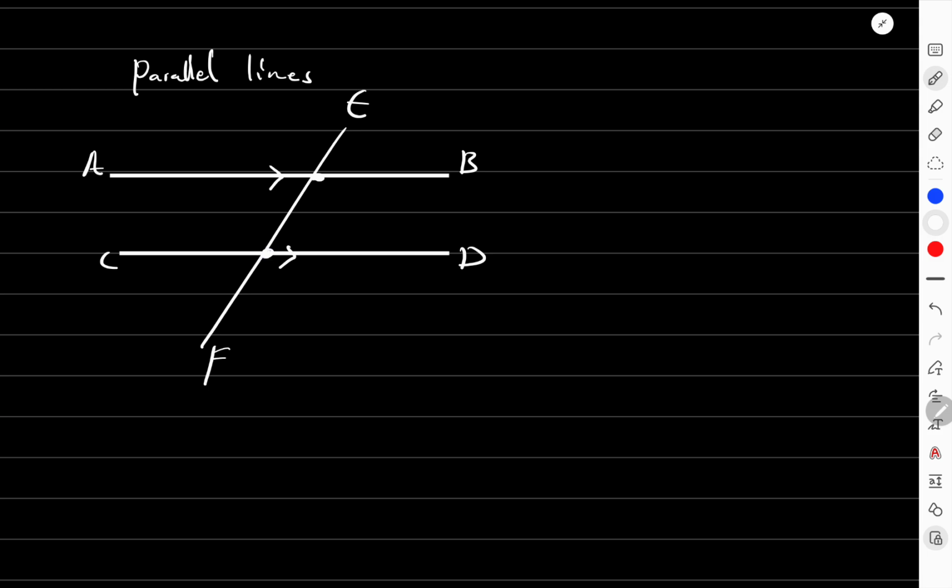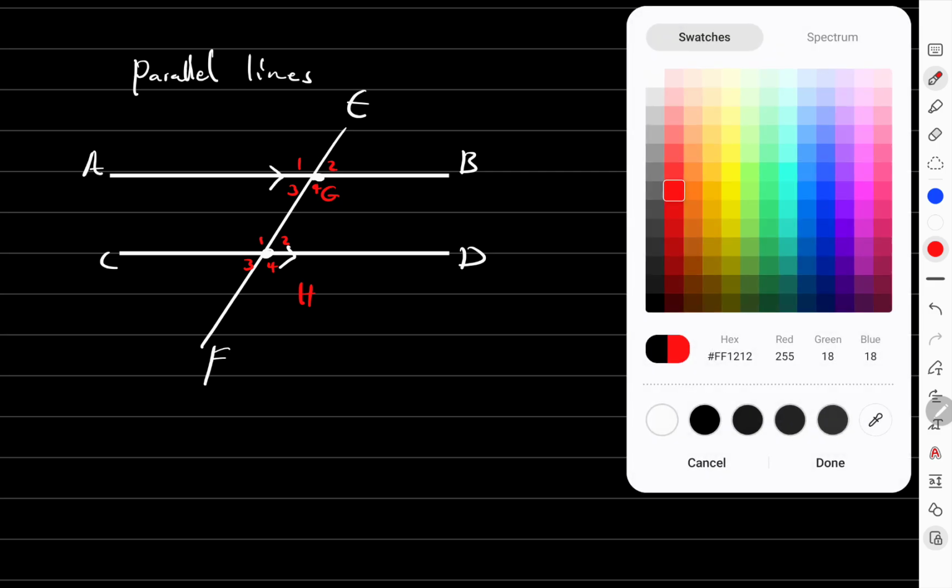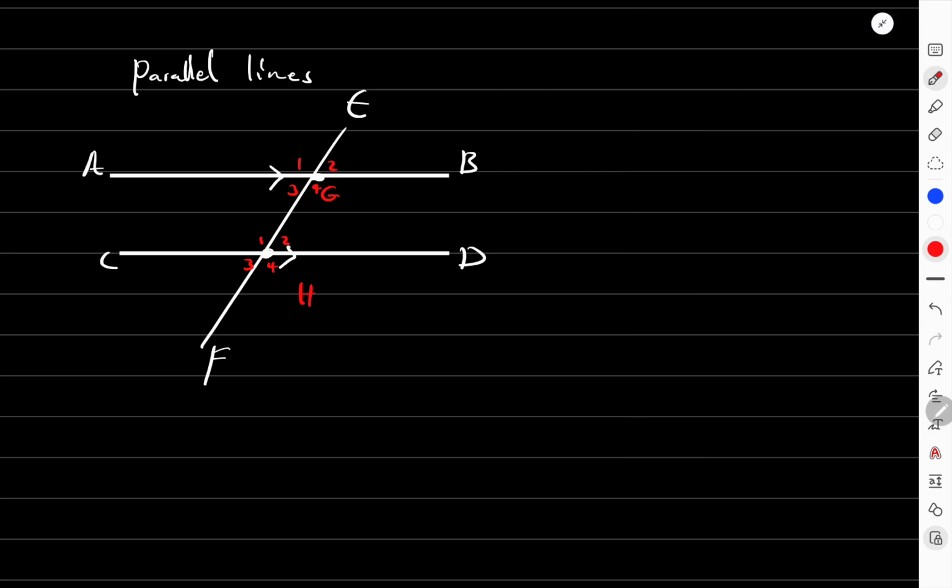I'm also going to have a vertex formed over there. Let me just say I have G and H. G1, G2, G3, G4, H1, H2, H3, and H4. We have the first one, which is known as, let me start with, corresponding angles.